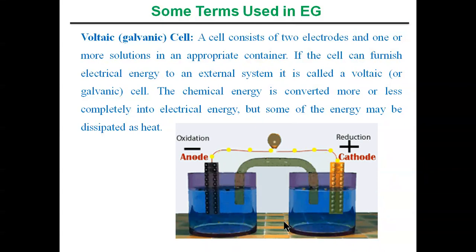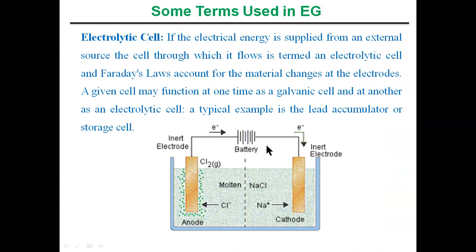The chemical energy is converted more or less completely to electrical energy. You can easily see this analogy in this figure, where the chemical energy is converted to electrical energy, and that's why the bulb is glowing.